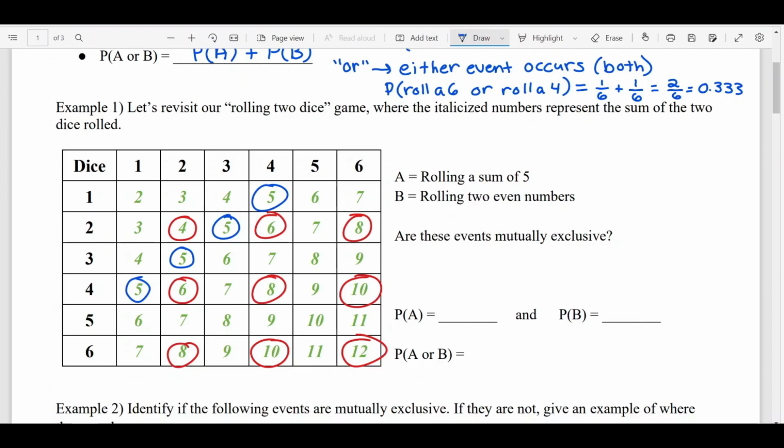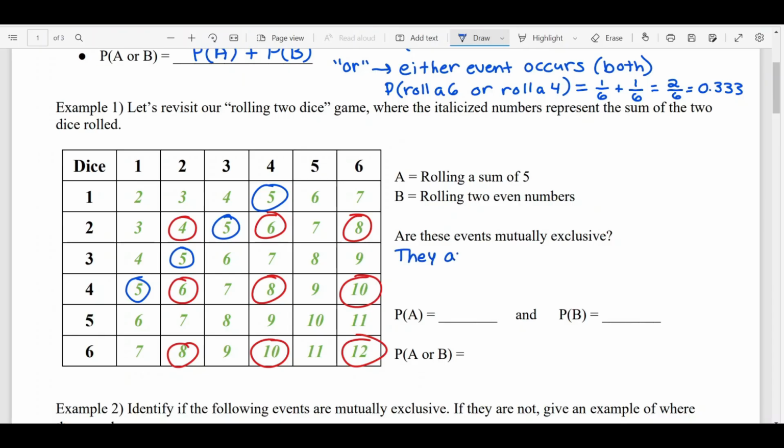Do they overlap? Can you roll a sum of 5 and roll two even numbers? No. Okay, they are not mutually exclusive. Or excuse me, you can't. They are mutually exclusive because they can't happen together. Ooh, I almost got turned around there.